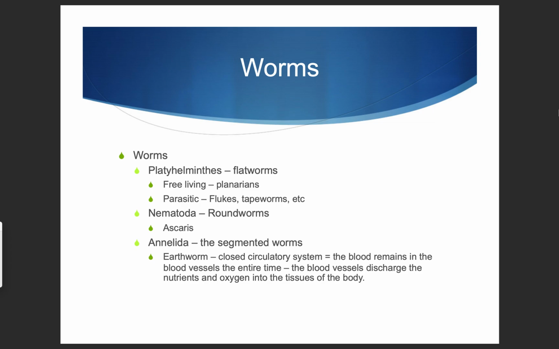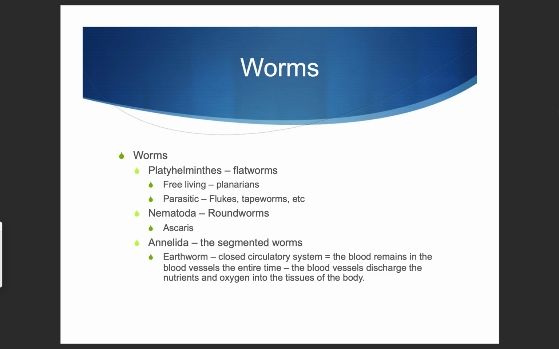This is like the earthworm. An earthworm has a closed circulatory system, which means the blood remains in the blood vessels the entire time. The blood vessels discharge the nutrients and oxygen into the tissues of the body. Whereas for humans, our blood goes from blood vessels into what's known as the alveoli, which then can receive oxygen.